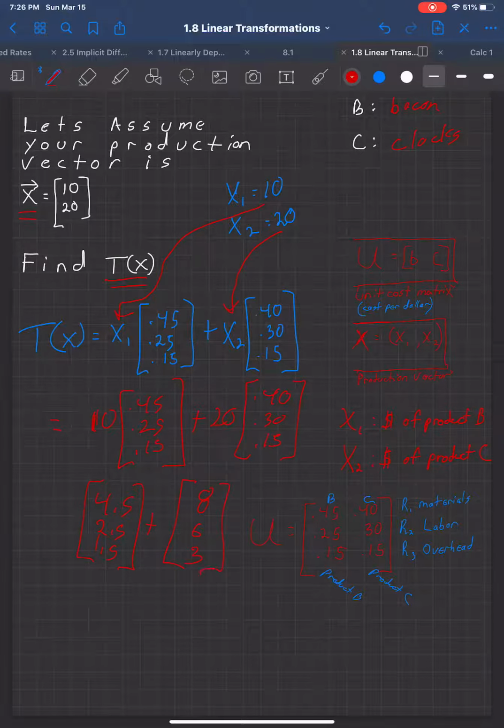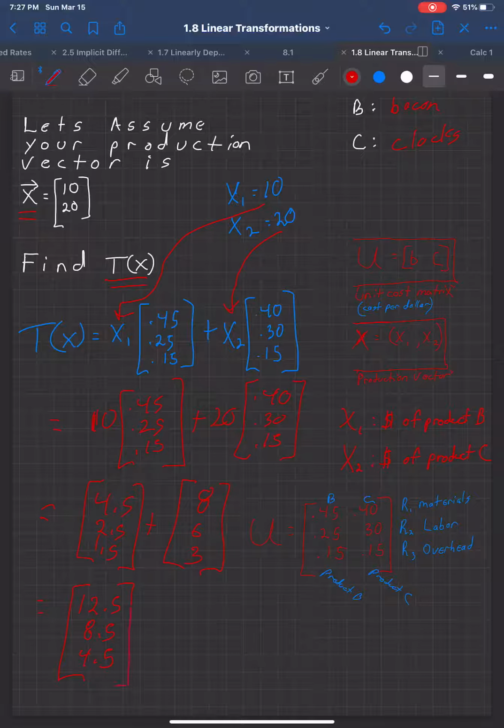I think I did that right. Okay, now let's take that sum, and we end up with the following. 4.5 plus 8 is 12.5. 2.5 plus 6 is 8.5. And finally, 3 plus 1.5 is 4.5.